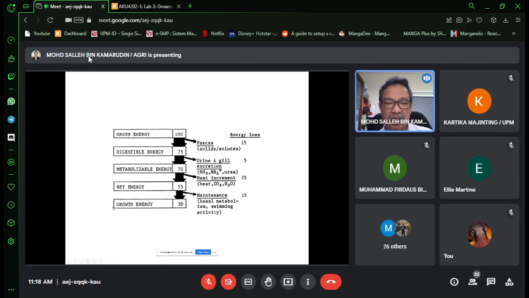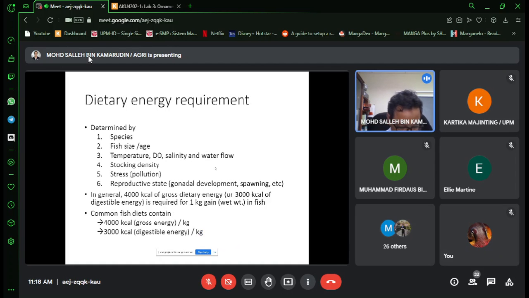So basically 30% je dalam growth tadi, tapi yang rest 70% loss dari sama ada maintenance, body maintenance, heat increment, excretion banyak di sini, dan juga di fecal material. Sama juga tadi, cuma dia punya proportion lain sedikit difference. Dia ambil daripada summary of kerja orang.